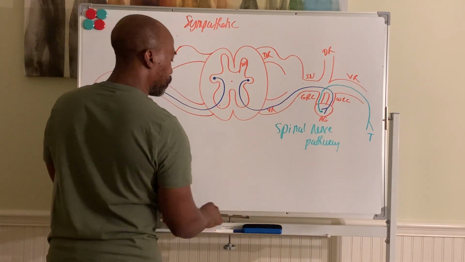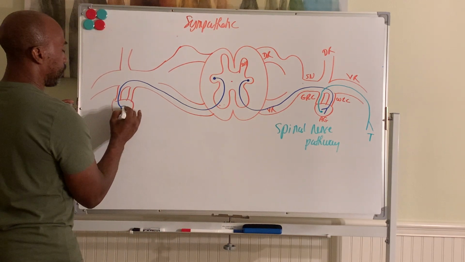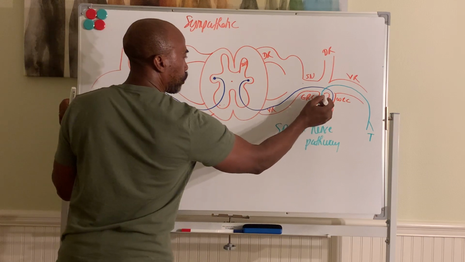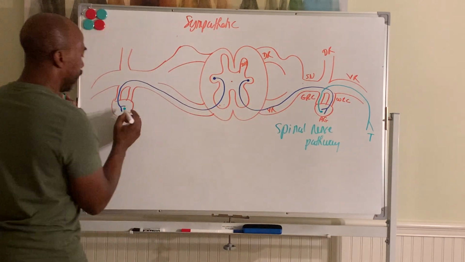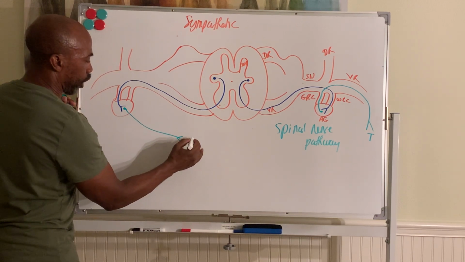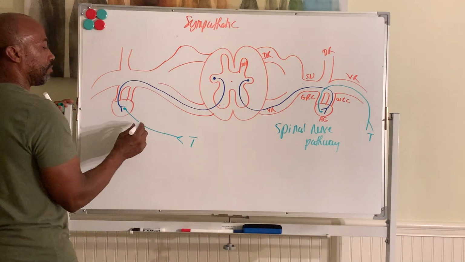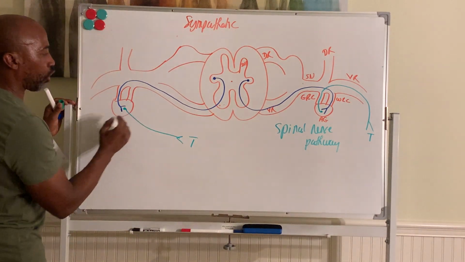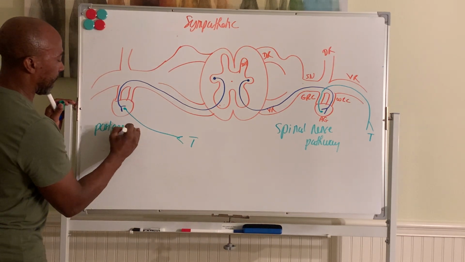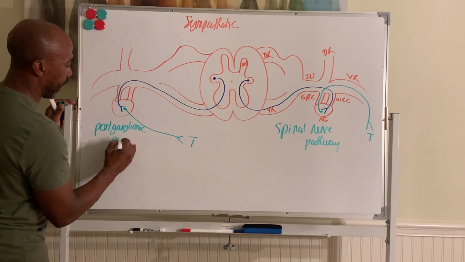Then the post neuron, in this case, will leave from the ganglia and, this time, go directly to the target without re-entering the spinal nerve. And so it's called the post-ganglionic nerve pathway.